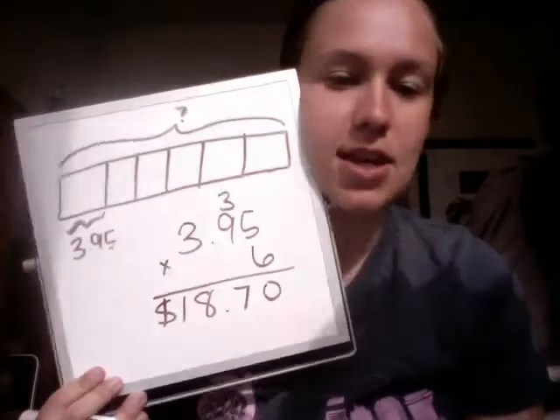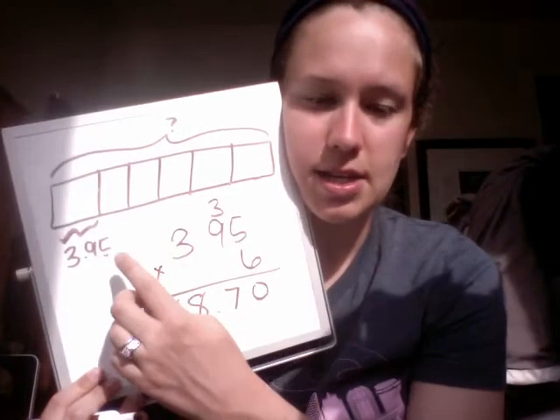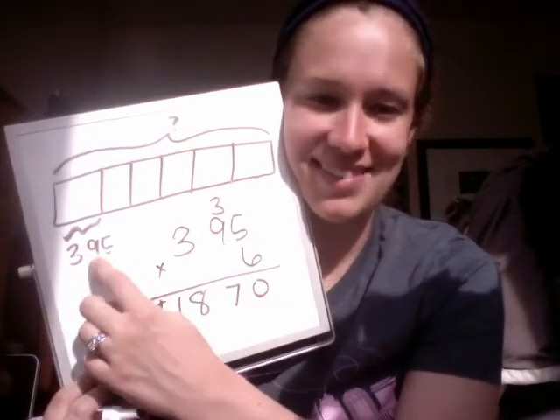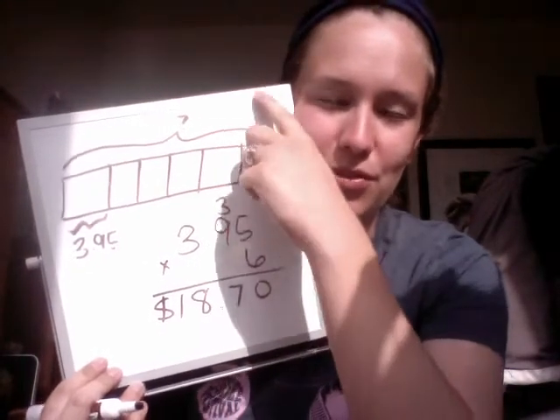So go ahead and do $3.95 times 6. And that tells us he collected $18.70 altogether. So since we had a part and we knew how many equal parts there were, we're looking for the whole, so we use multiplication.